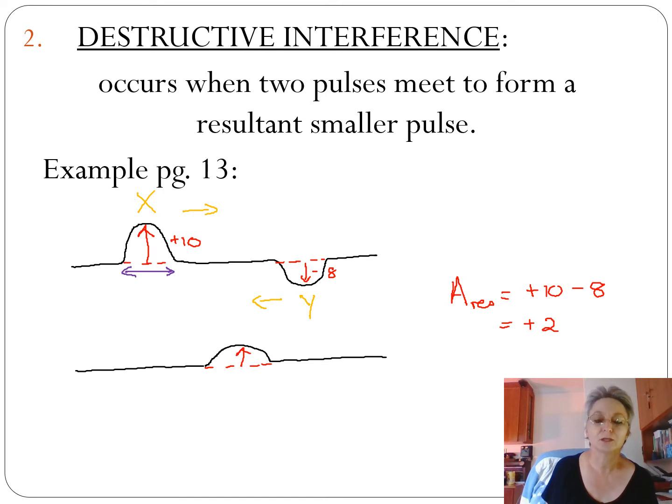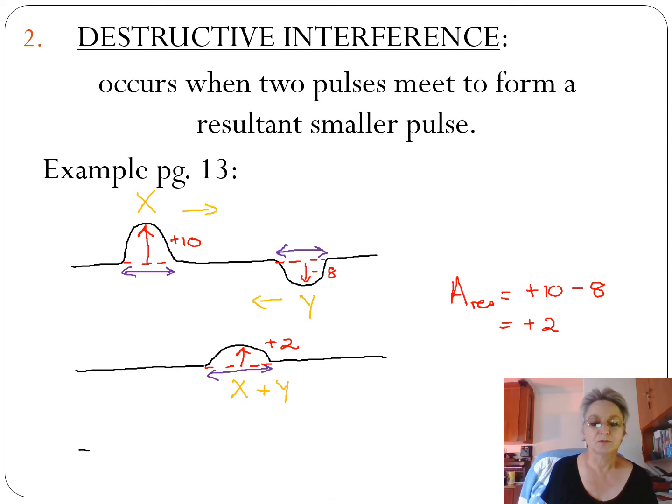Sorry, I'm not drawing it to scale. You should be drawing it to scale, especially in an exercise here. So this is X and Y superpositioned. The width of the pulses should be the same. So when you draw them, you can be kind to yourself and use a ruler to do that.